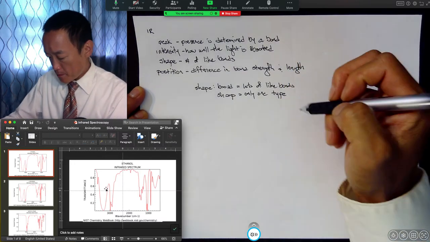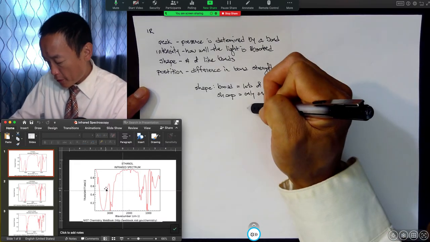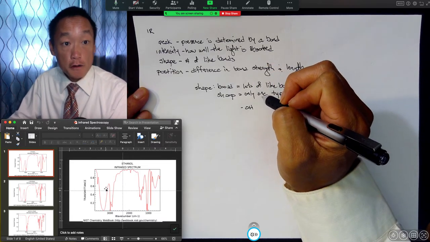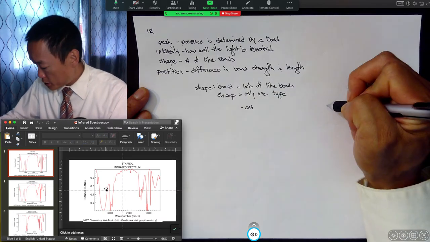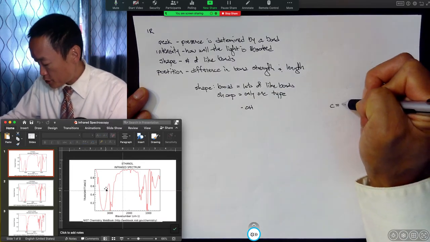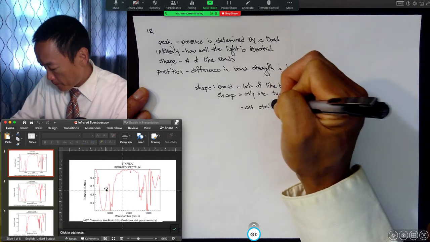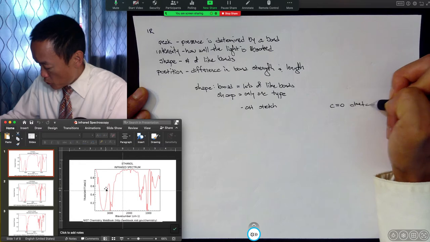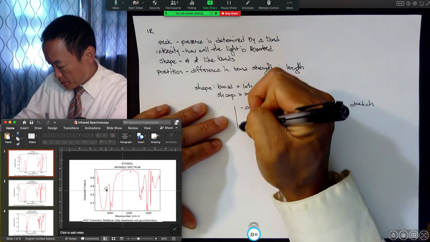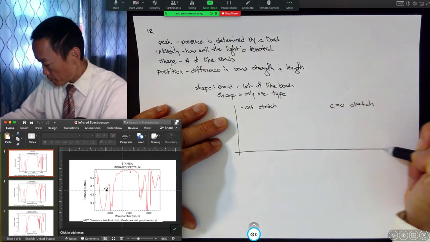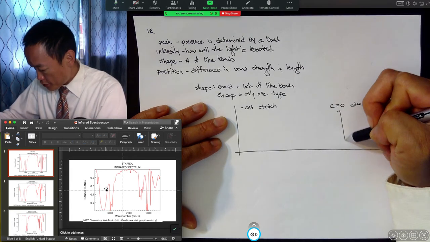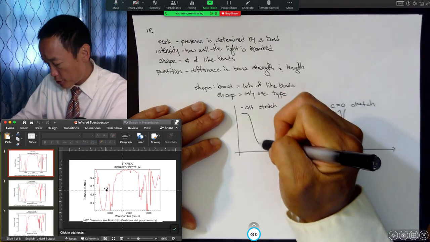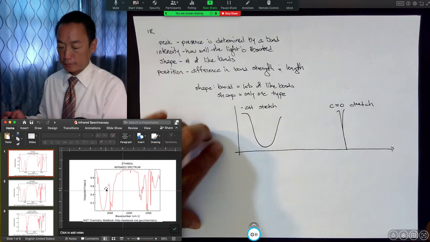What I mean by that is, if we were to compare an OH stretch to a C double bond O stretch, then when we look at our IR spectrum, how come that CO stretch is sharp, and how come the OH stretch is broad like that?